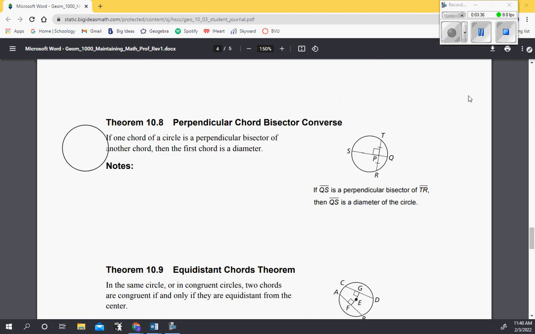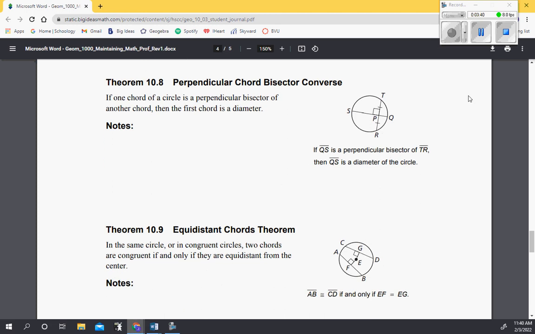The perpendicular chord bisector converse is just saying that kind of in reverse. If QS is a perpendicular bisector, QS is right here, if it's a perpendicular bisector of TR, then QS, right? So if these two things are congruent, then we know QS is the diameter.